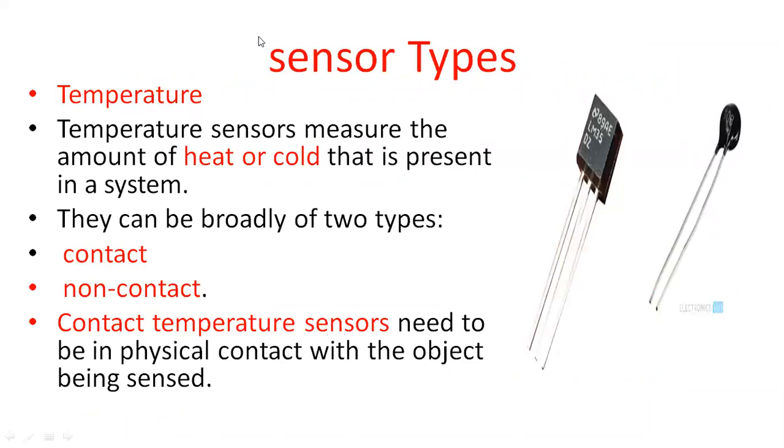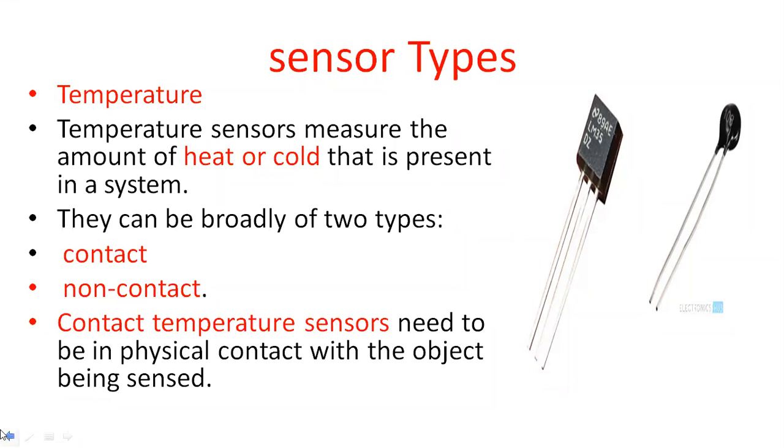Coming to the first kind of sensor, here is the temperature sensor. It is used for measuring, that means taking the temperature and converting it into digital format. If you see the right side diagram, you can see the different types of temperature sensor.